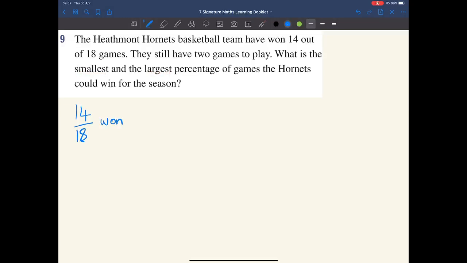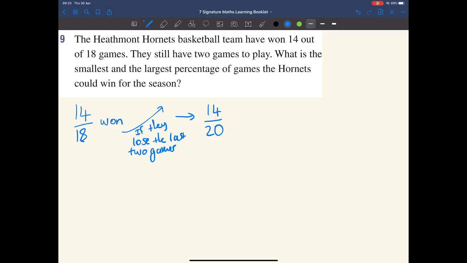If they lose the last 2 games, they'll have still won 14, but it'll be out of 20 matches.